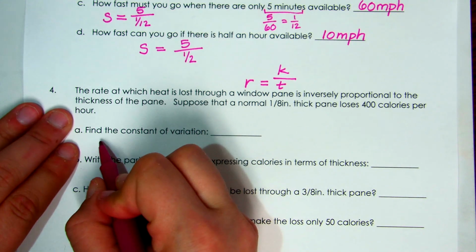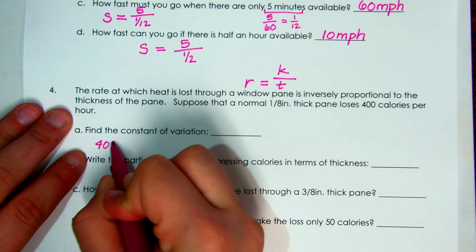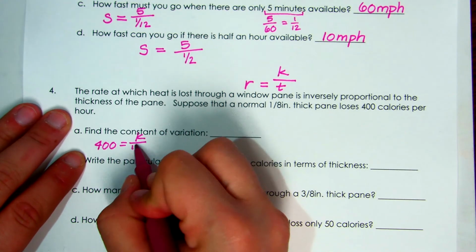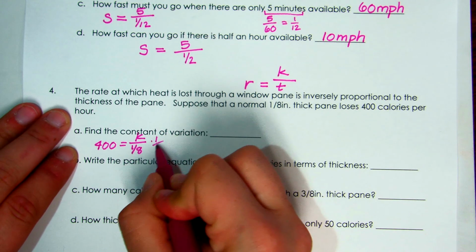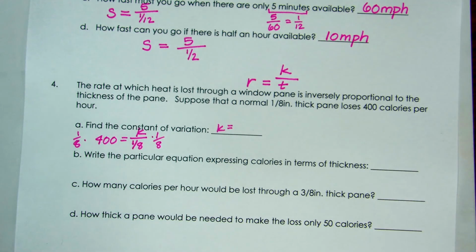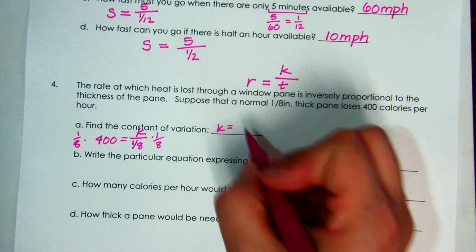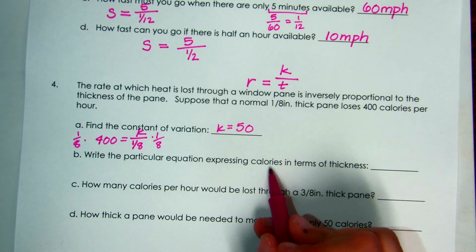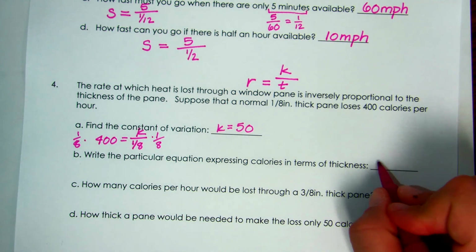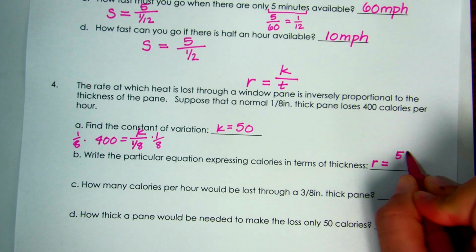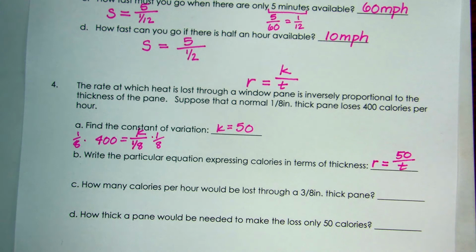So my rate is 400 equals K divided by the thickness 1/8. To get K alone, I multiply both sides by 1/8. So K equals 50. So my equation expressing calories in terms of thickness is going to be the rate, the calories, equals 50 divided by T, the thickness.